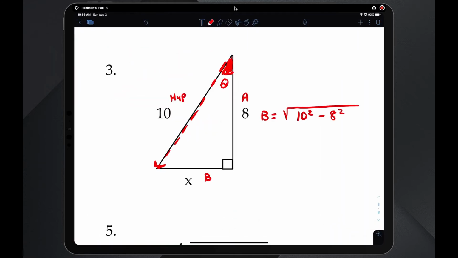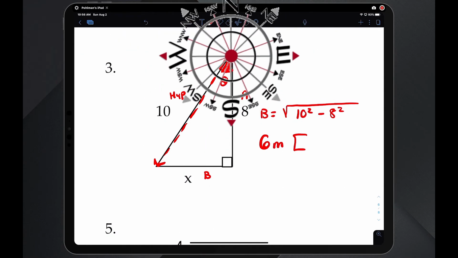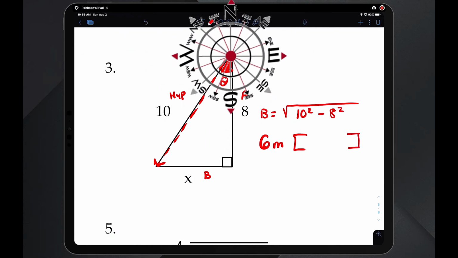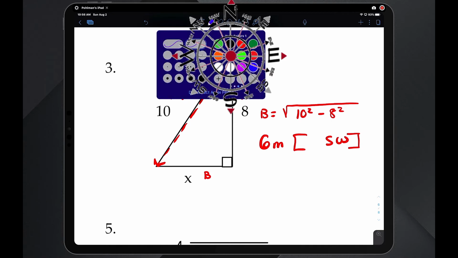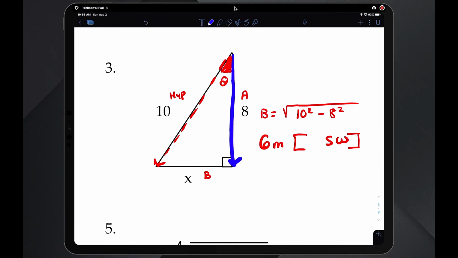So we'll have a resultant of 6 meters, and our direction for this is going to be pointing to the southwest. Why is it pointing to the southwest? Because some component had to be towards the south, and some part had to be to the west to make up that red vector.